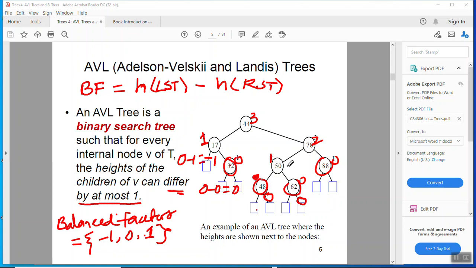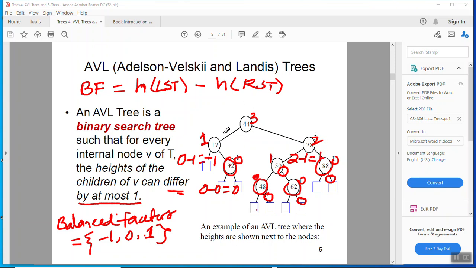For this node, the left side height is 2 and the right is 1, so 2 minus 1 equals 1.